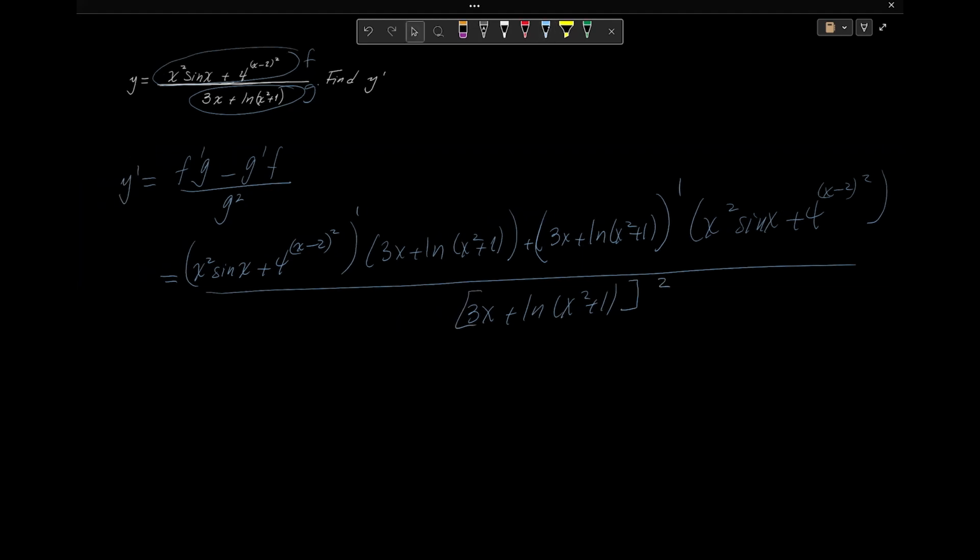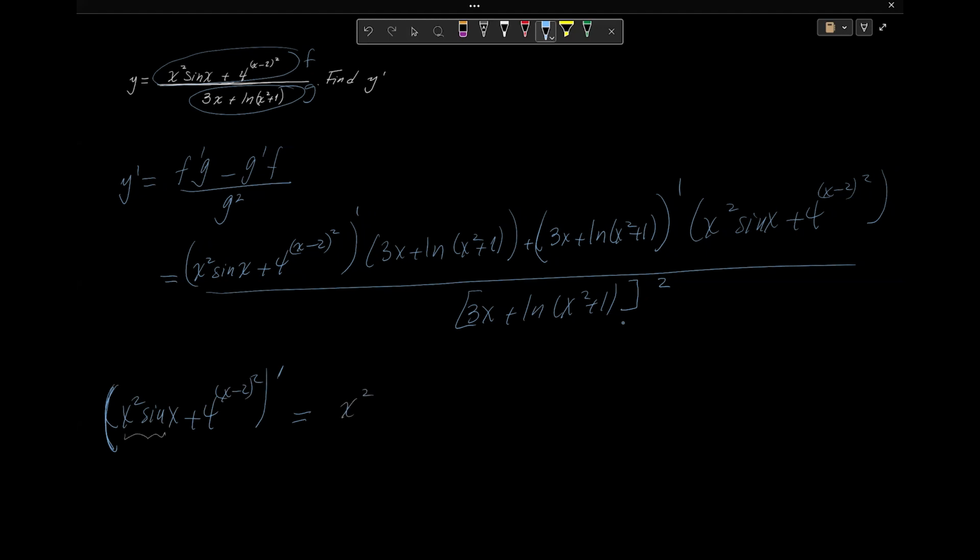All right. Now, here things are really complicated. We got a lot of terms here. Okay, and we got product rule here, and this is a long derivative. So the best thing to do is to take it and do it on the side. So let's take x squared sine x plus 4 to the x minus 2 squared, prime, equals. It's the derivative of this plus the derivative of the second one.